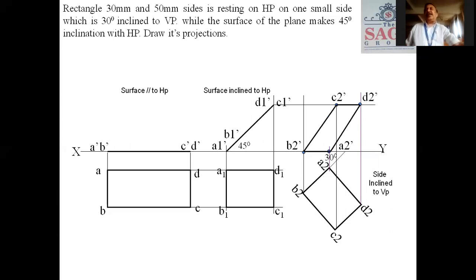So in this way we complete this projection. So this is our front view, and below is our top view, which is as it is in the second position, but inclined. So this is the position, rectangle inclined to HP and inclined to VP as given in the problem. Okay.